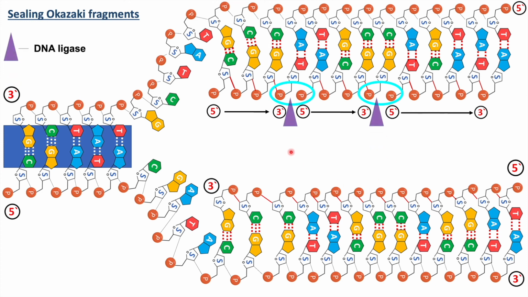DNA ligase comes in, it provides energy in the form of ATP to build a phosphodiester bond between these two strands, which are fragments. So the phosphodiester bond is built between the phosphate group of one strand and the sugar molecule of the other strand. That way it seals the Okazaki fragments to complete the synthesis of the lagging strand.